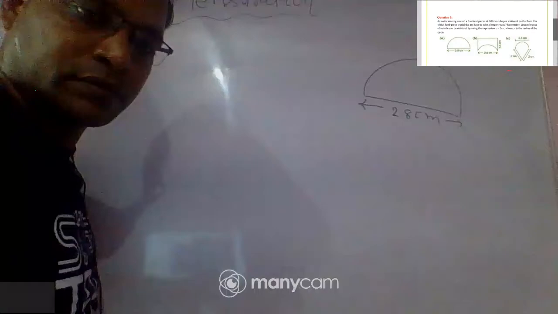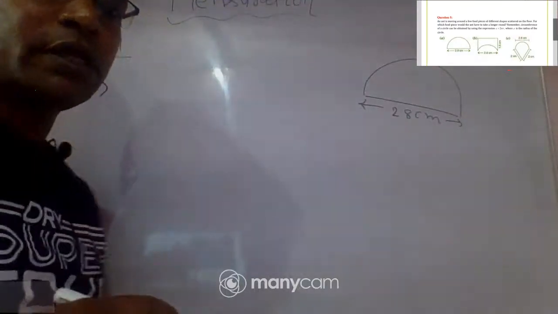So what is the radius? Radius is equal to 2.8 by 2 centimeters, which is equal to 1.4 centimeters. So how much distance is covered by the ant?